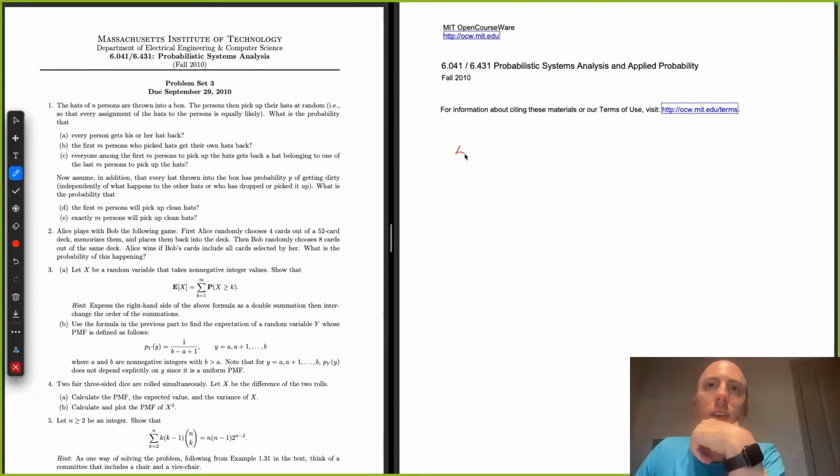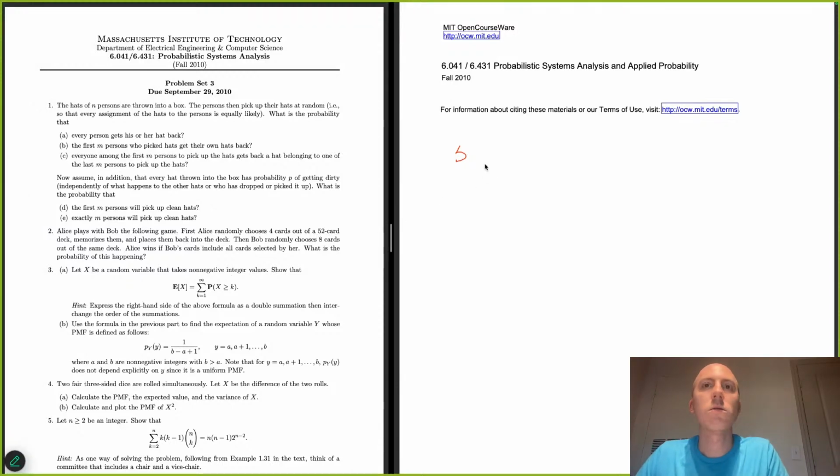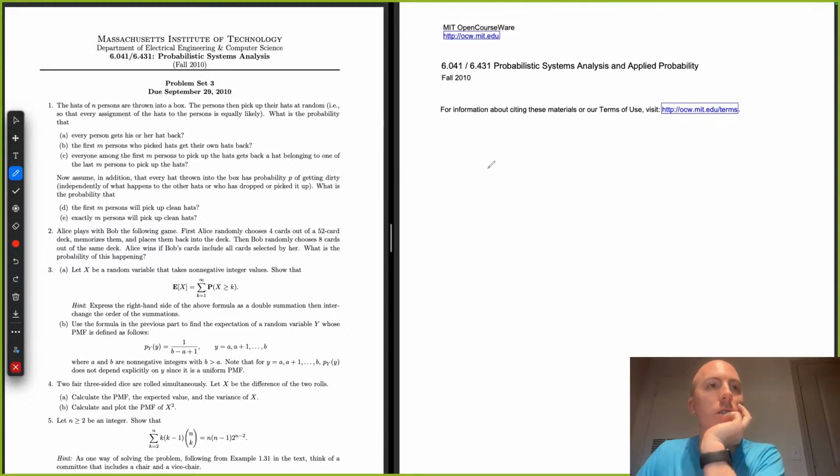I can do undo when it's full screen, I just have to click over here. Maybe let's do n is equal to 4 and m is equal to 2.